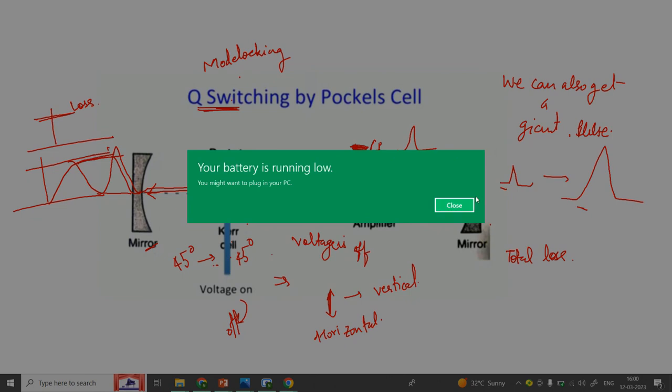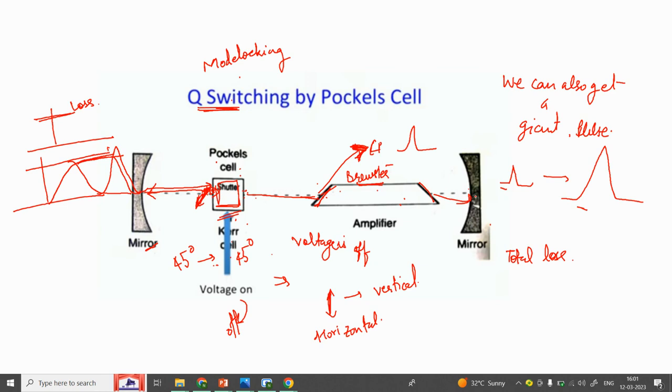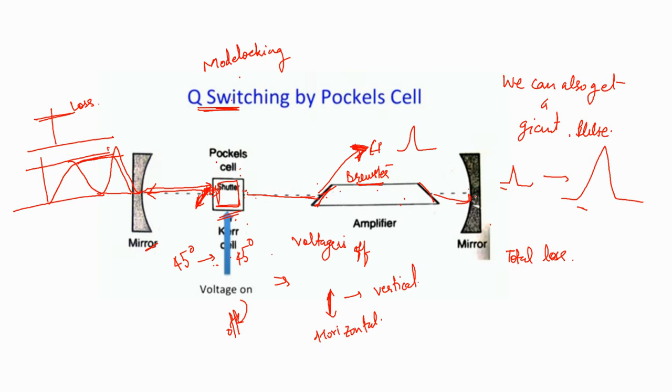So again, this amplifier is something which increases the intensity of light, and so on.